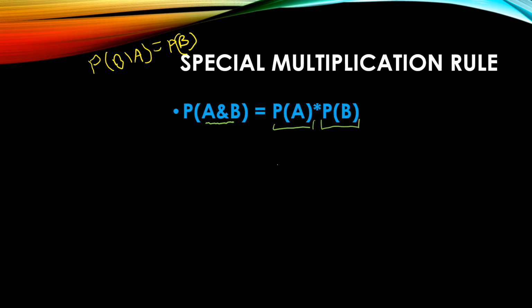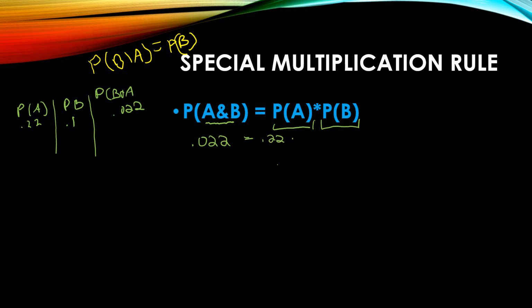For example, I tell you that the probability of A happening is 0.22, the probability of B happening is 0.1, and the probability of B and A together is 0.022. I would plug these in and see if they match. So I would say, is 0.022 equivalent to 0.22 times 0.1? And that's another way to show that they're equivalent.